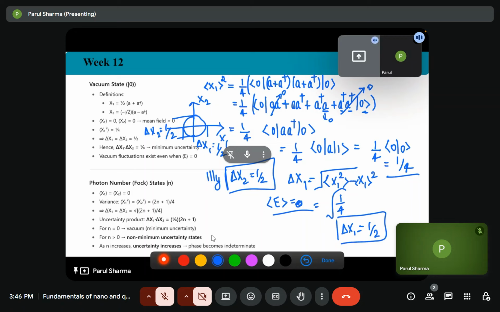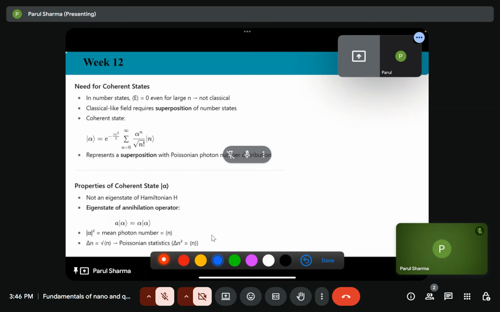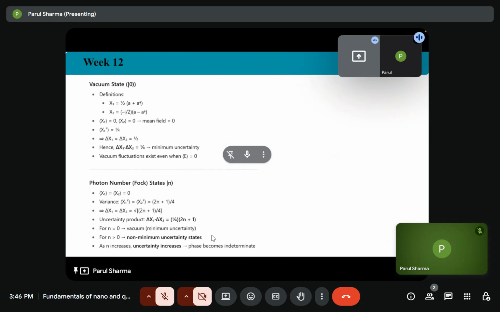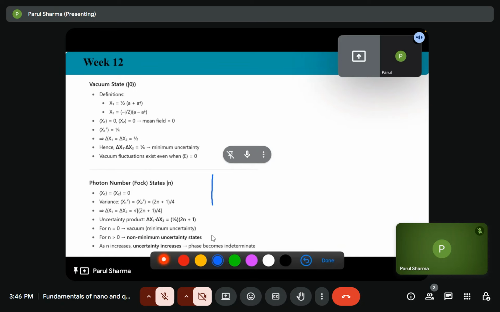So similarly, for the number state we have the x1. So number states are not the minimum uncertainty state.